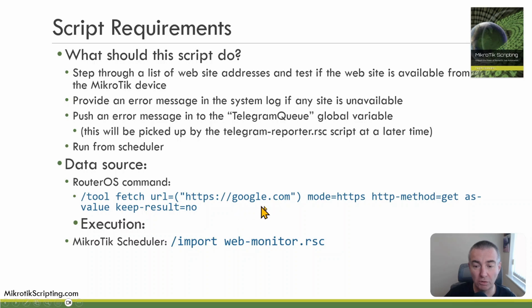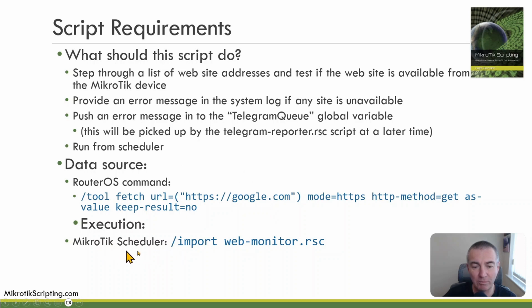It's pulling the google.com website, but we will obviously substitute this out for each of the websites which you specify in the list, and it'll iteratively go over the list and try to pull the web page from each of the sites that we specify. If it works, then great, we don't need to do anything else. But if there's a problem retrieving the web page, then it will generate an alert for us.